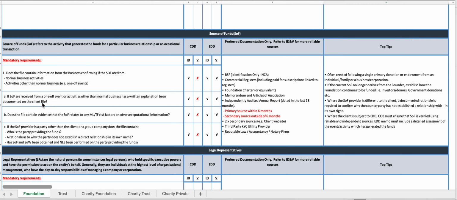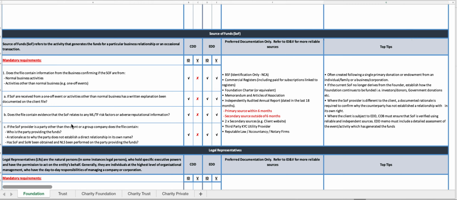If the source of funds is received as a one-off event or activities other than normal business, has a written explanation been documented on the client's file? Does the file contain evidence that the source of funds relates to money laundering or terrorist financing, risk factors, or adverse reputational information?